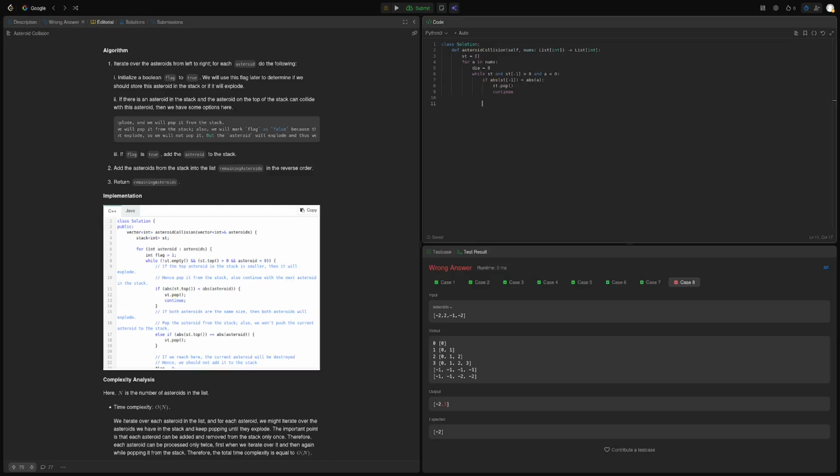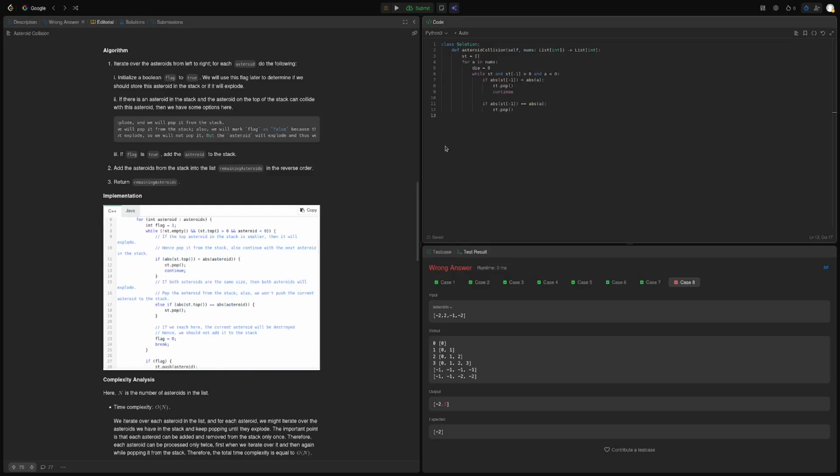And now if ups st minus 1, they are same, we just pop it.